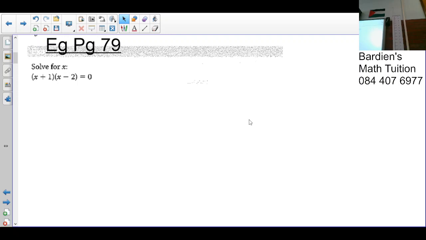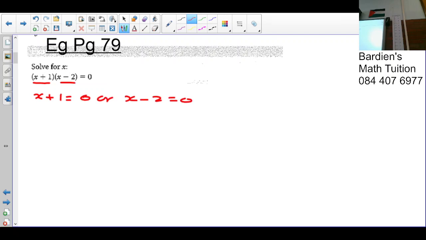Applying what we have just spoken about, we can say that x plus 1 is equal to 0 or x minus 2 is equal to 0. One of those two has to be 0. Not so? So if we solve for x, we take that over the equal sign. So x is equal to negative 1 or x is equal to 2.